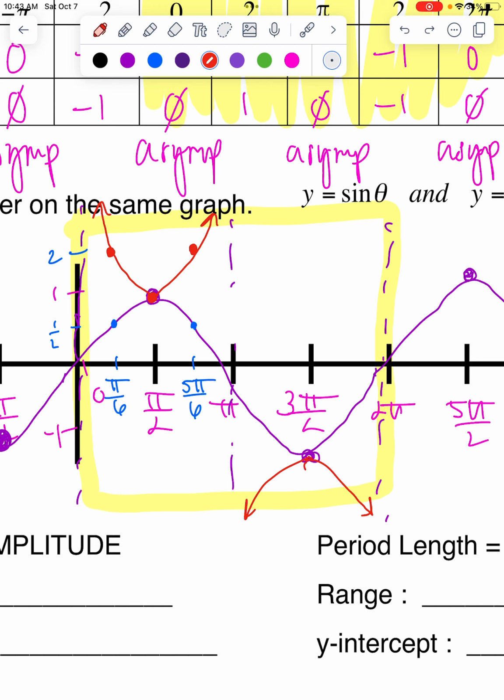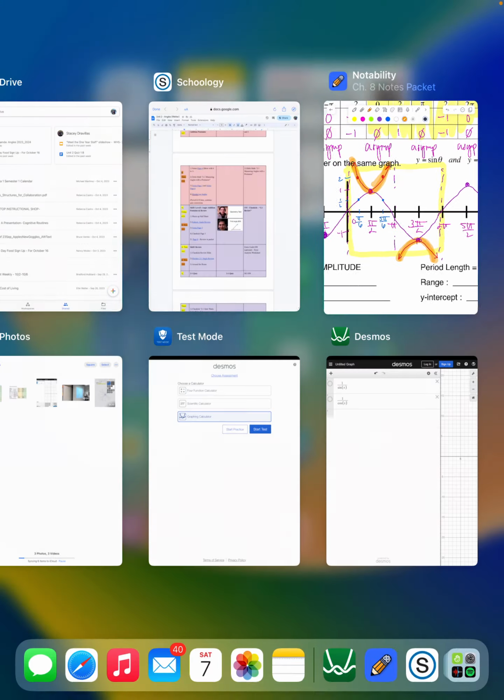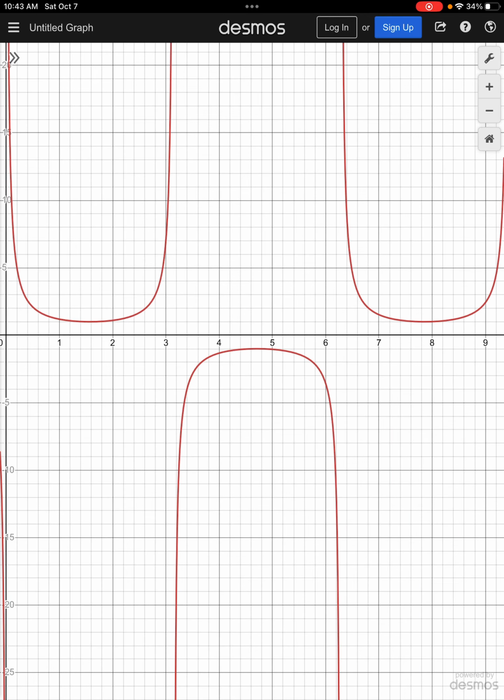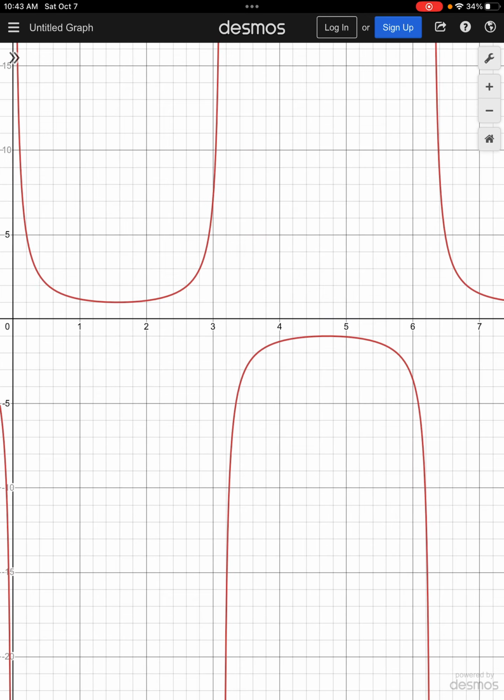So whenever we have cosecant of theta, this is what our graph looks like. It's just these parabolas. And if I were to show you with a calculator, it's 1 over sine of x. This is what our graph looks like. So there's our period length right there.